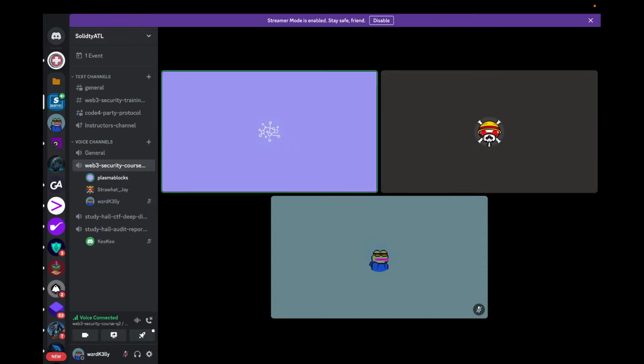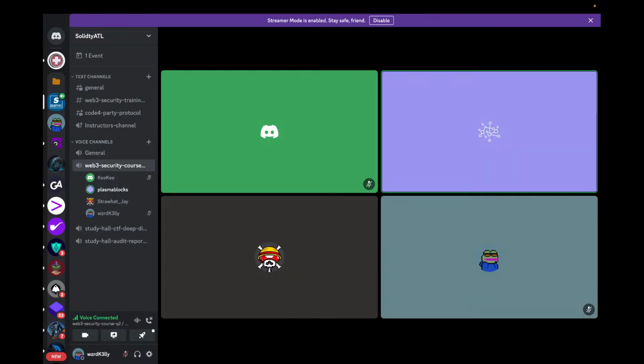Correct? I think you would be able to call the fallback function directly, but in this situation, would you want to call the fallback function or the receive function? Because what's your objective that you're trying to accomplish? For this contract, we want to receive.